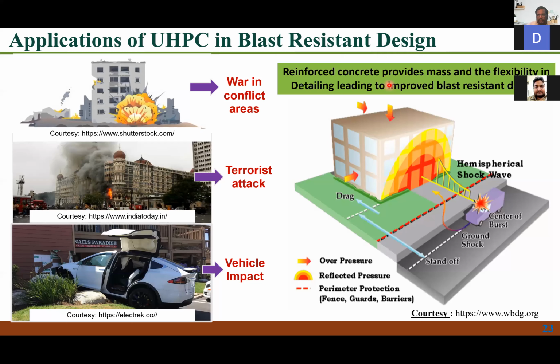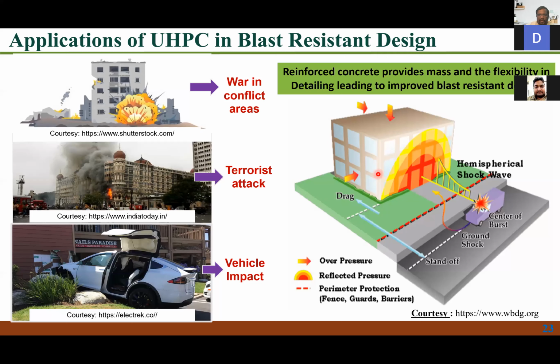In a blast, when you have an explosion like this, shock waves are created and travel as a hemispherical shock wave, and then they hit the structure and create what is called overpressure and reflected pressure. That is basically going to damage the structure. These structural elements are subjected to very high strains under the action of these shock waves.